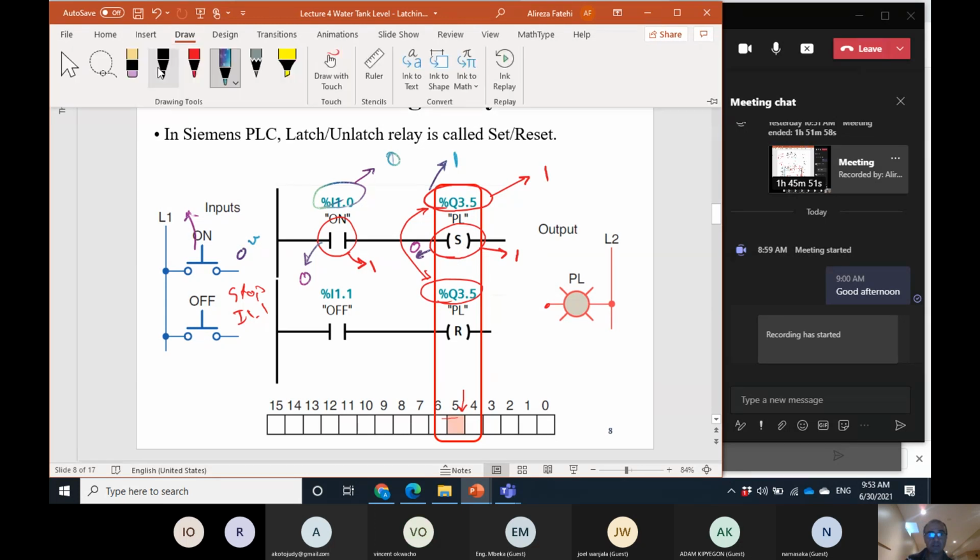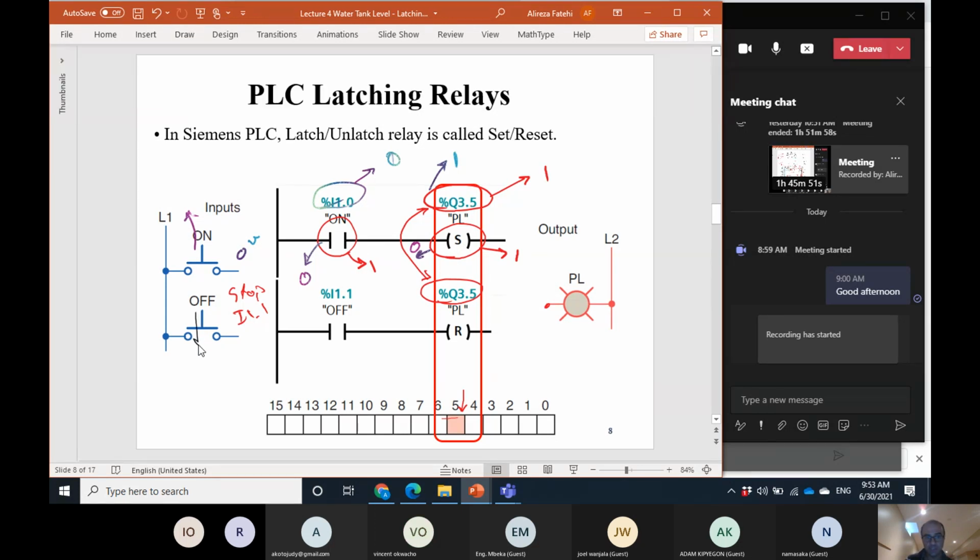Pushing this, okay. When we push this, this becomes 24 volt, so the logic of this becomes 1 because it's normally open, and so it's a buffer. The logic of this becomes 1, and as a result this becomes 0, and the pilot light turns off.